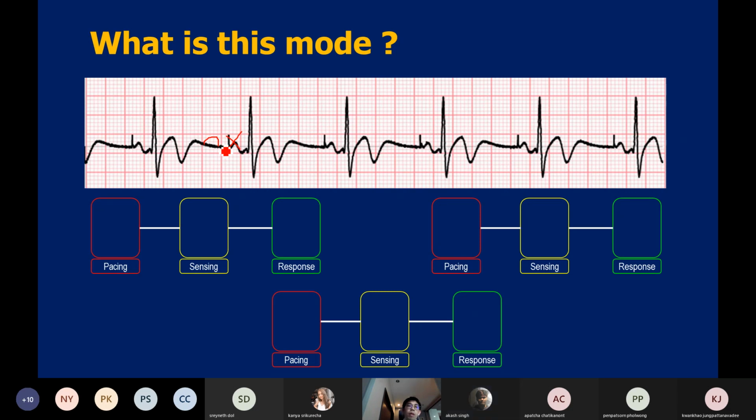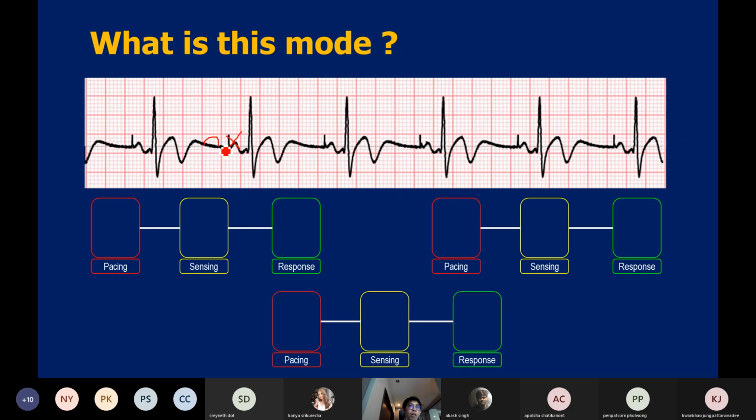Okay. If an abnormal P wave comes into the pacemaker and it could be sensed, it might not generate the pacing. The pacemaker cannot tell whether this is a normal or abnormal P wave from the morphology.